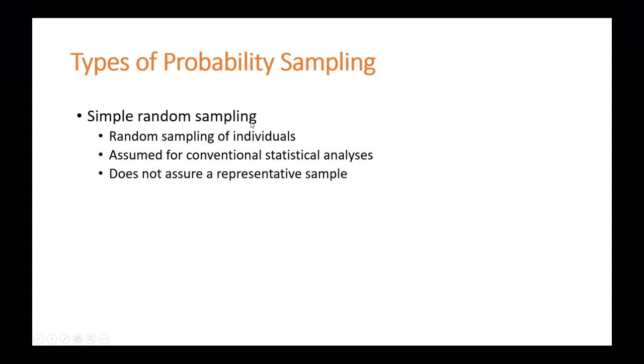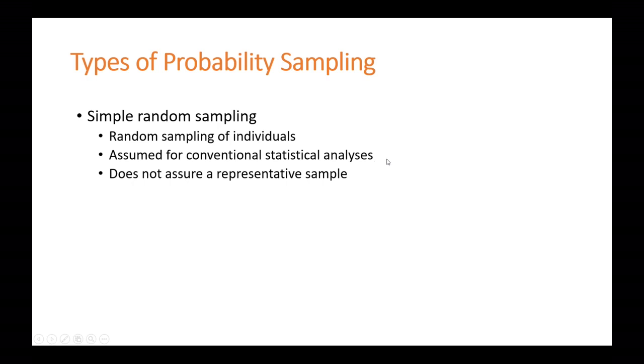Simple random sampling includes randomly sampling individuals from the population, and this is done so that we reduce the error in the data collection. Also, in this particular type, it is assumed that it is for the conventional statistical analysis.